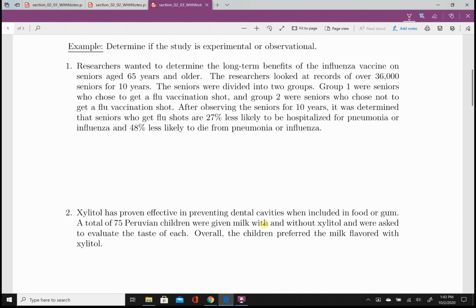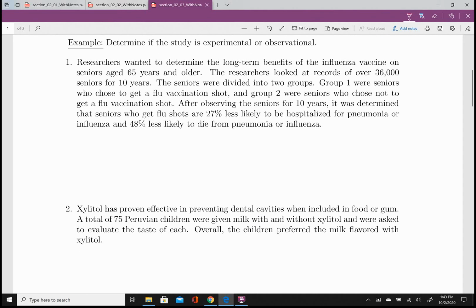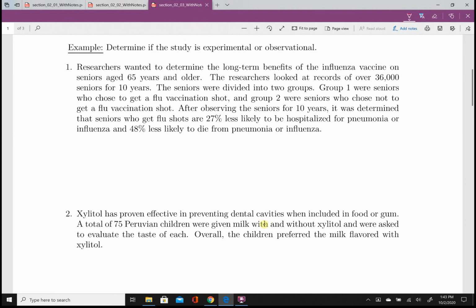Okay, so the fact that these seniors were divided into 2 groups, right? That means that this was an experiment, right? Sorry, I want to highlight this.